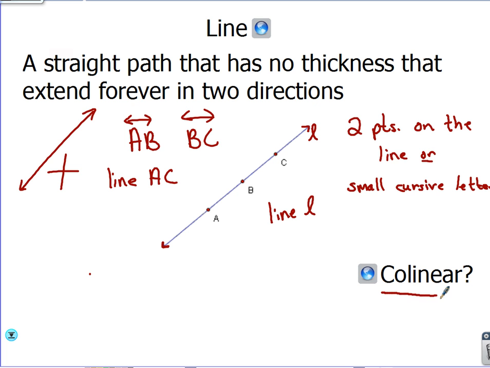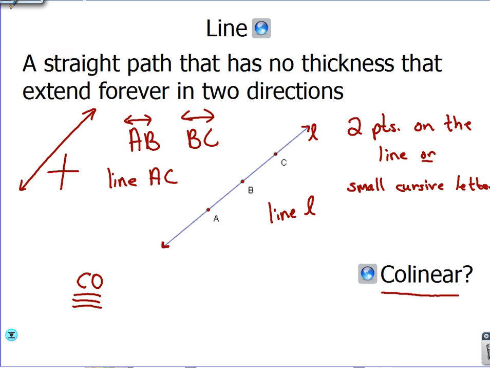While we're on lines, let's talk about this word right here, collinear. Somebody give me some words that start with co. Because I want to know, what does that prefix co mean in English? What are some words that start with the prefix co?